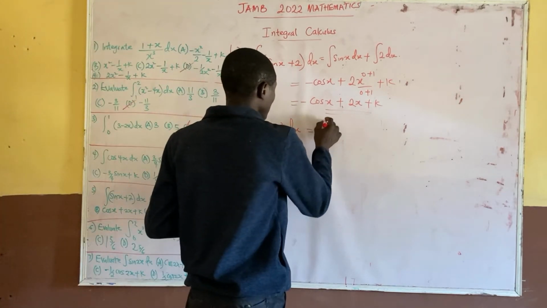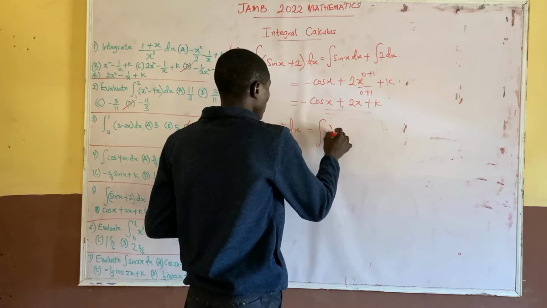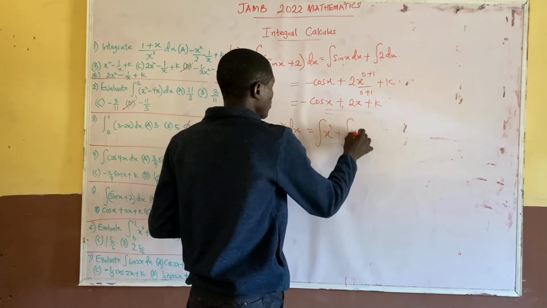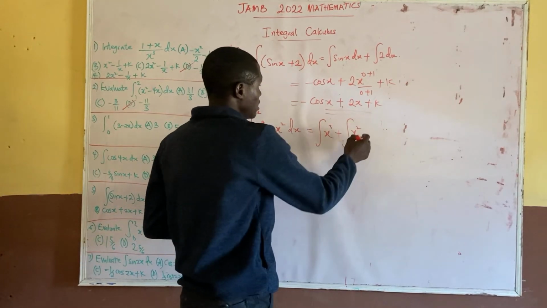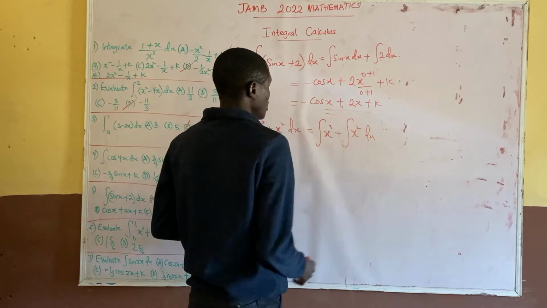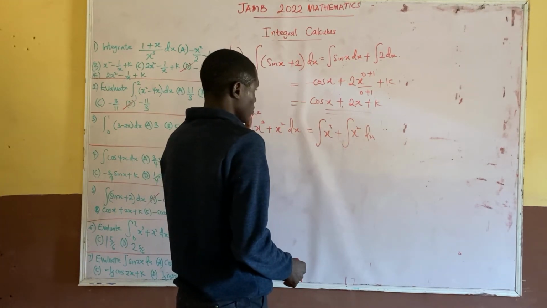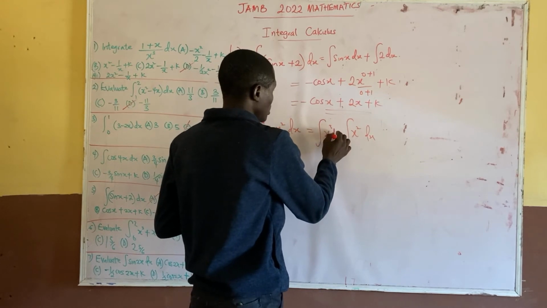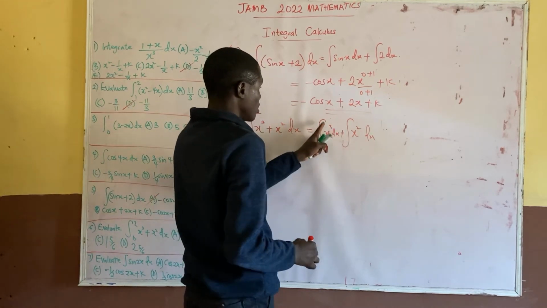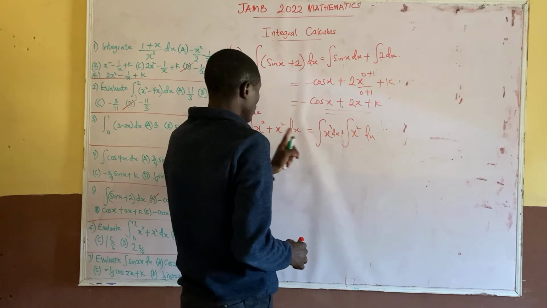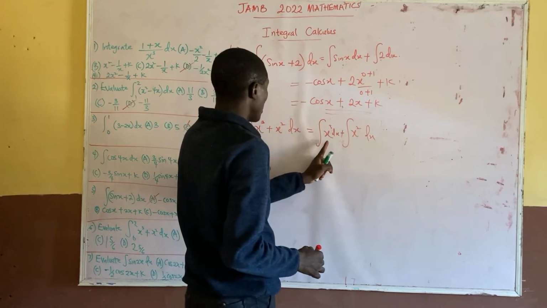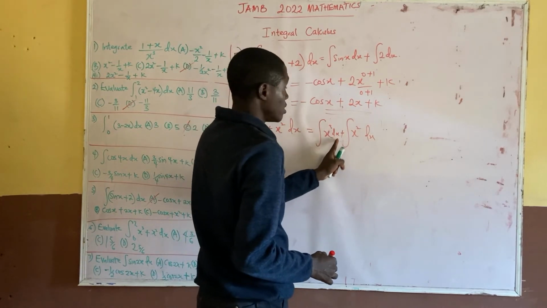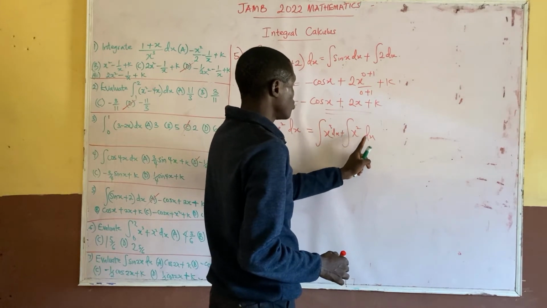Just separate it as well. You can put the dx here also, because you are separating it out, so each of them will have the dx. Integral of x to the power 3 dx plus integral of x to the power 2 dx.